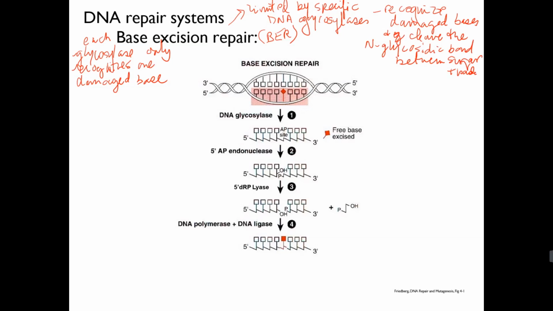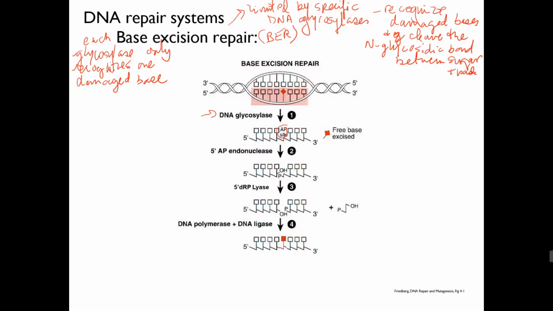Okay, so the first thing in this schematic, if we look at point number 1, is the glycosylase recognizes the damaged base and cleaves the glycosidic bond to release the damaged base. This results in the formation of an AP site. So we already talked about this, and here's the AP site, which we already know is bad, right?